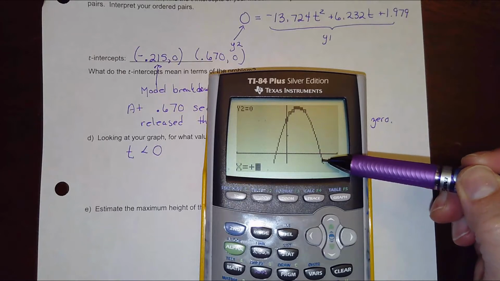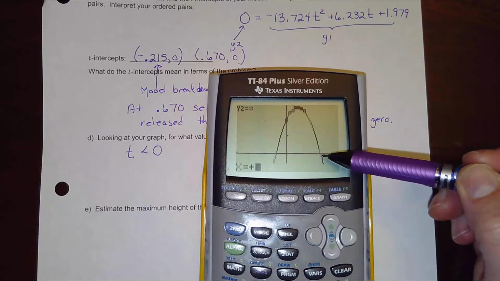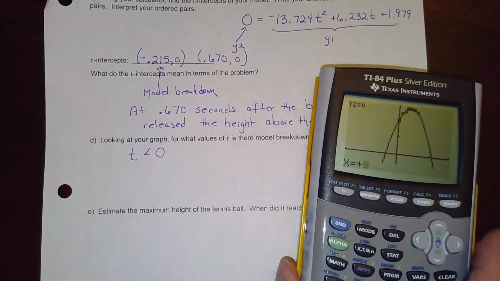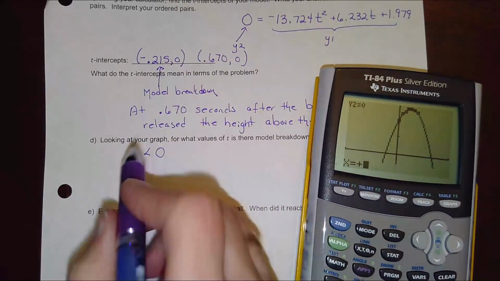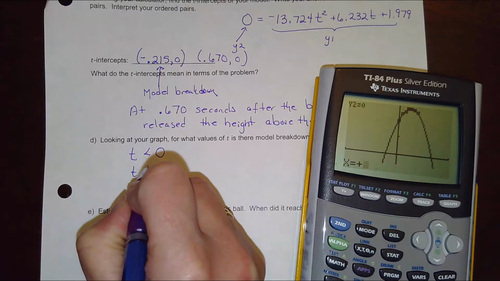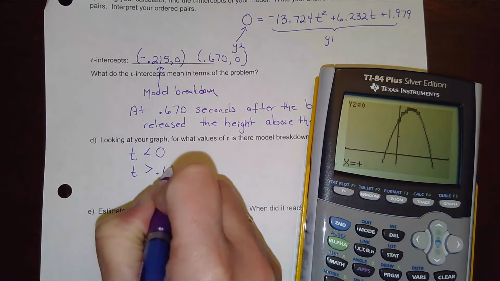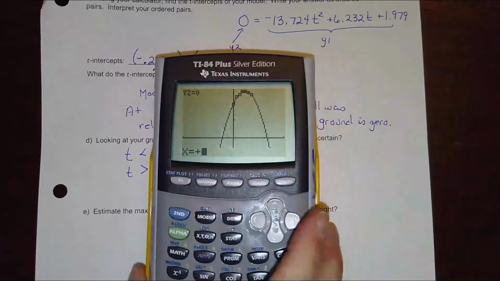Chances are it's going to bounce back up, but for this problem, this is where it hits the ground. If you keep on going, it breaks through the sidewalk and is below ground level. This doesn't make any sense. So after it hits the ground, you've got model breakdown. It's not going to go anywhere according to that graph. So when t is greater than 0.670, that doesn't make any sense on your graph.